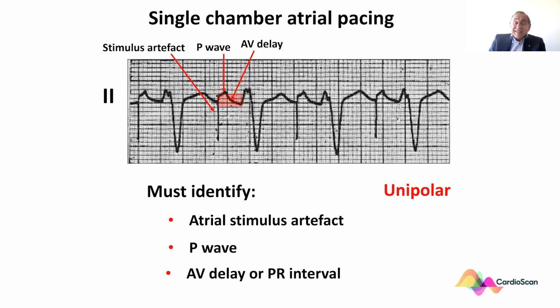As we'll see in subsequent talks, the word AV delay means the timing from atrial pacing to ventricular pacing. In this situation, we don't have ventricular pacing, and we have therefore ventricular sensing only, but I still call this an AV delay in preference to the PR interval.